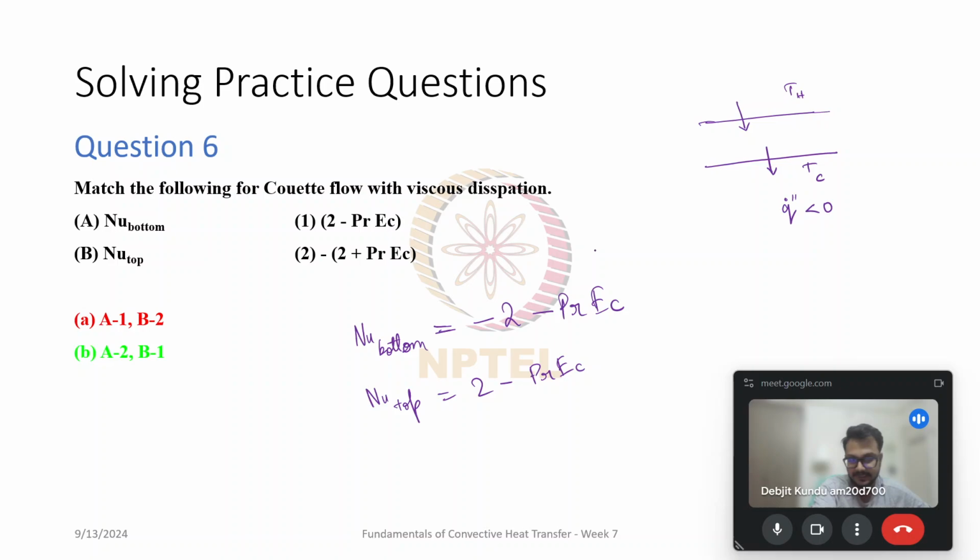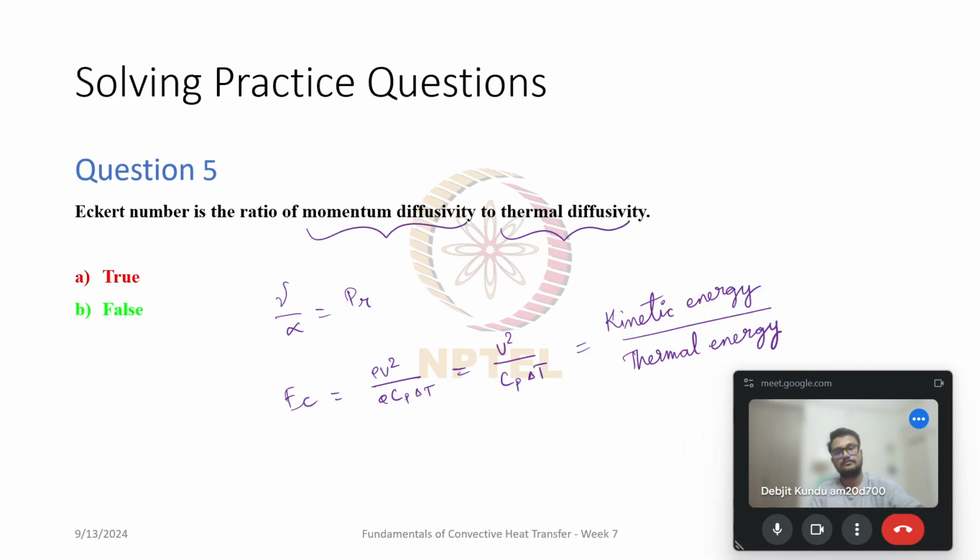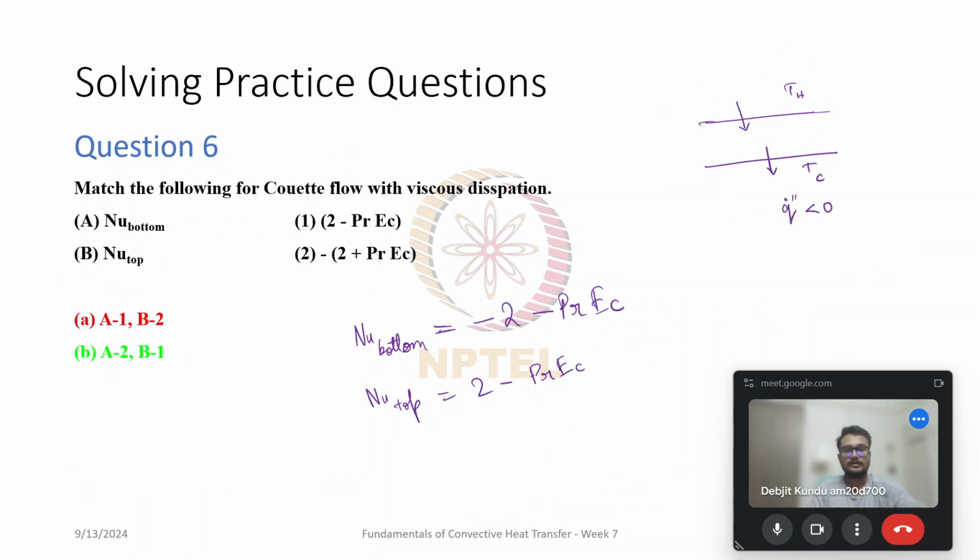So I think I should go back and correct myself. This number, Brinkman number greater than 2, is enough for the temperature rise due to dissipation becoming significant. These limits should have been 2 instead. Sorry. And how did we get informed of that? We got informed from these two formulas, which we can attain analytically itself.